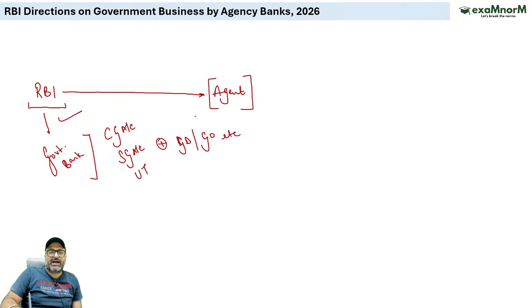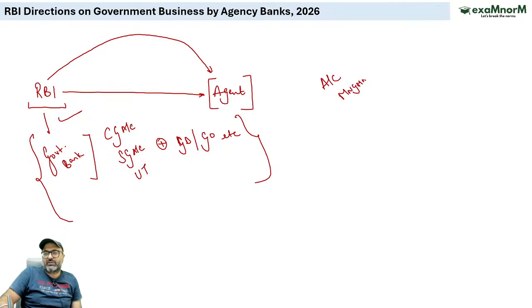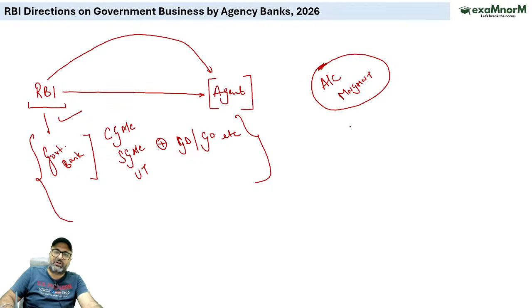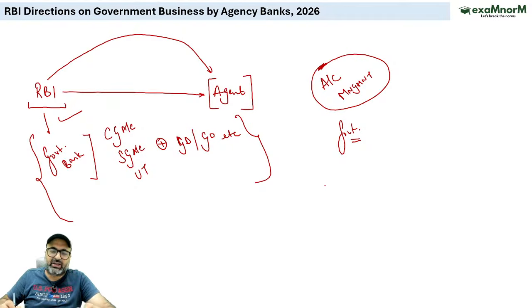Now, when RBI feels that this entire function is overwhelming, RBI came up with a proposal that it will appoint an agent bank, and that agent bank will perform the account management, or all the functions related to the banking sector, on behalf of RBI to the government. For example, government raises funds from the public through taxes, and distributes funds to the public in the form of subsidy and pension.